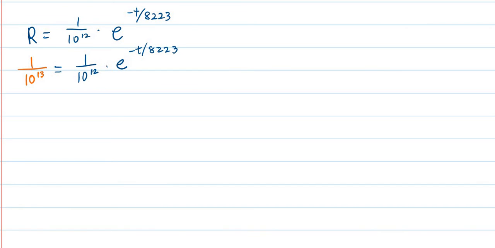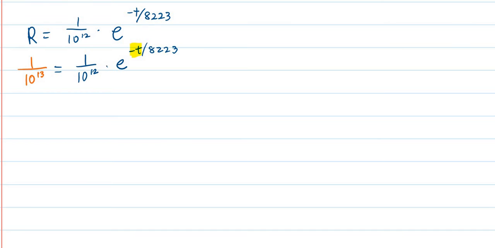All right, so just like normal, e is a constant and t is the thing that we're trying to solve for. So we're going to start by unwrapping all the stuff that's around that t.